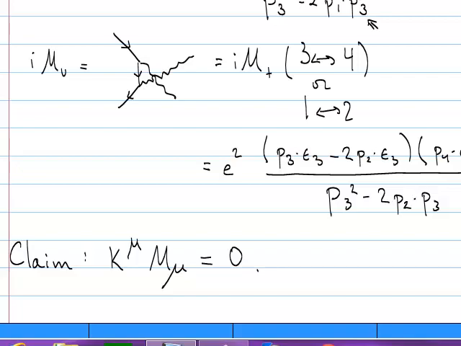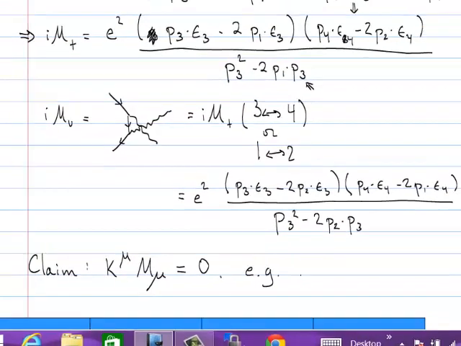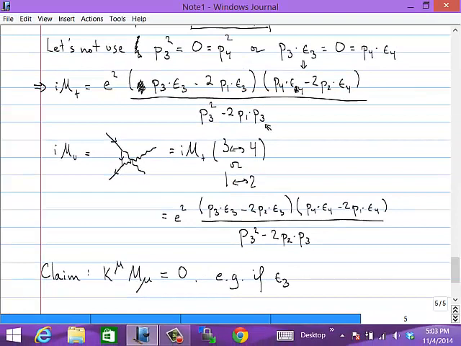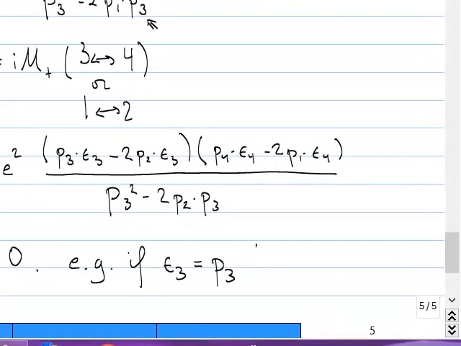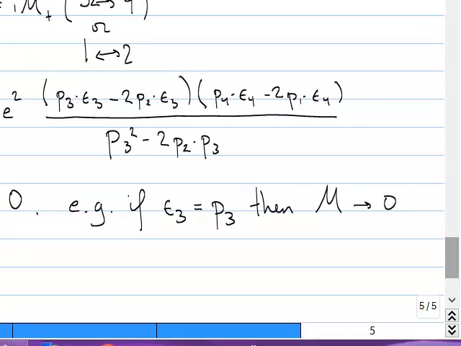If we set epsilon 3 equal to P3, then the total amplitude should be 0. So let's add up MU and MT, setting epsilon 3 equal to P3.